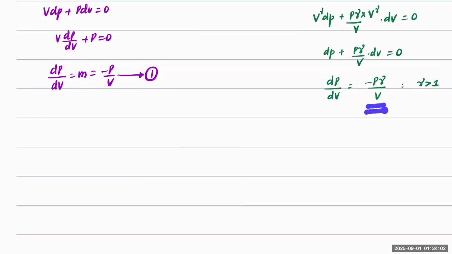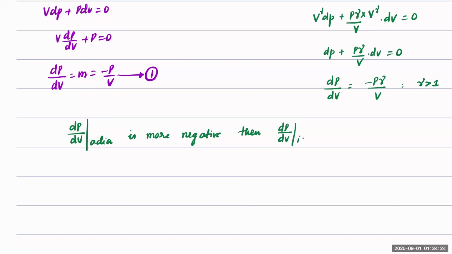Which value looks to be more negative here? So you can clearly make out that this is more negative. So therefore, dP by dV of adiabatic is more negative than dP by dV of isotherm.